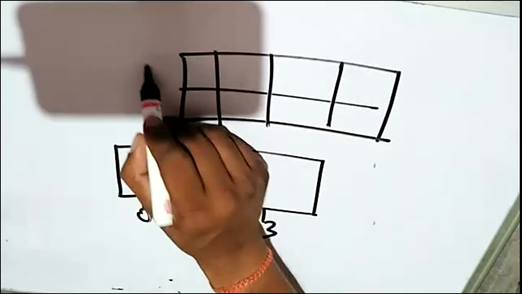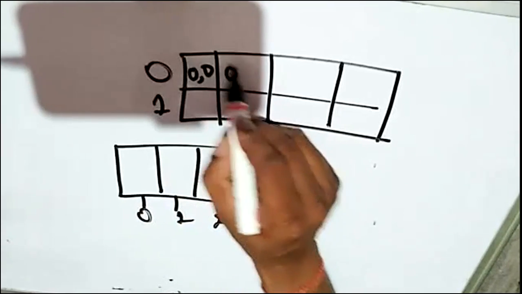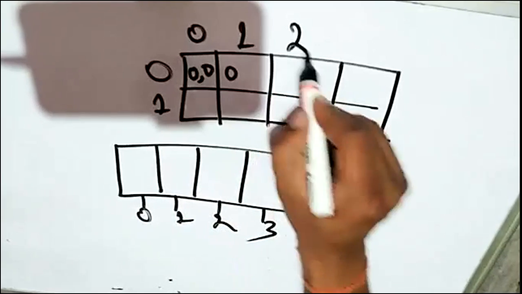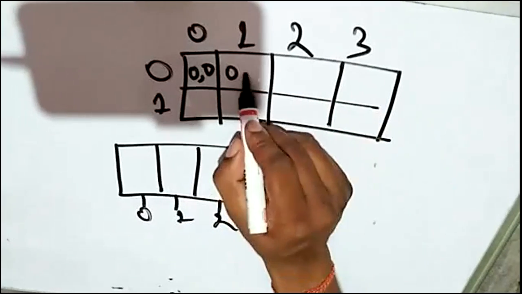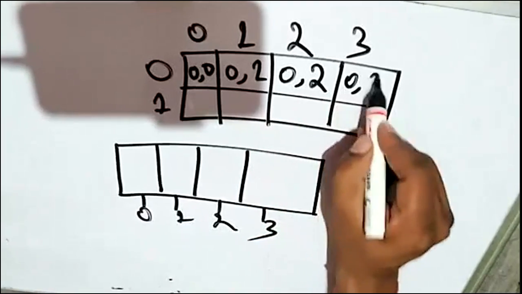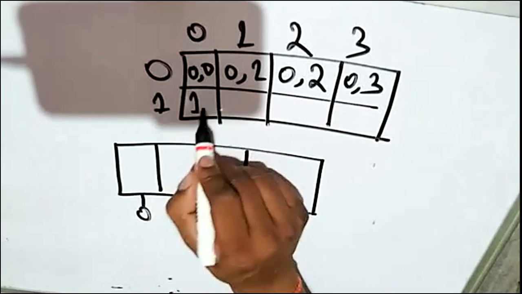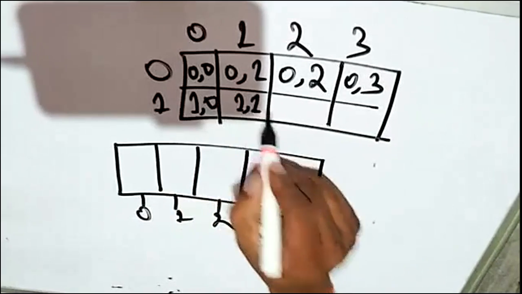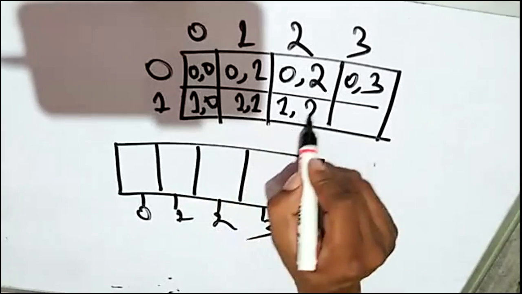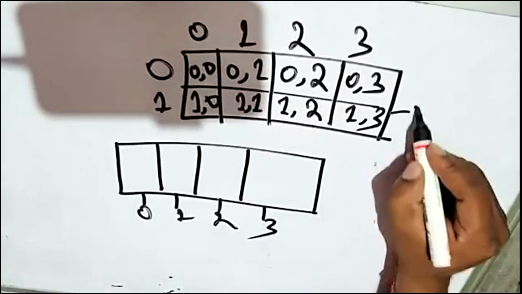So here it is called 0, 0, 0, 1, 0, 2, 0, 3. Then it is called 1, 0, 1, 1, 1, 2, and 1, 3. So it is called a multi-dimension array.